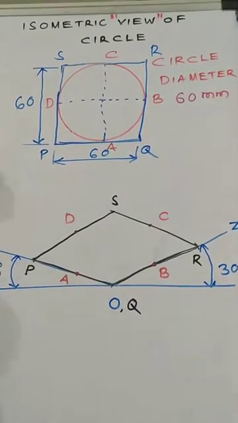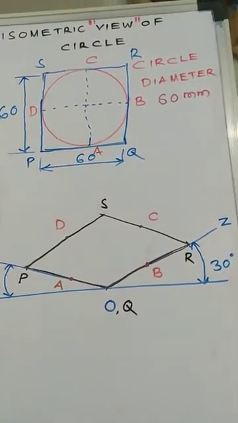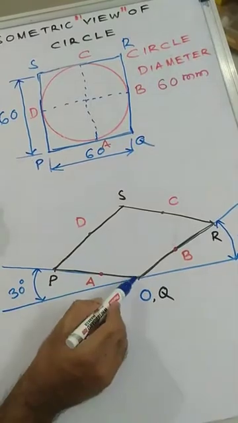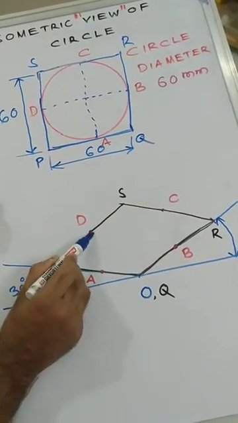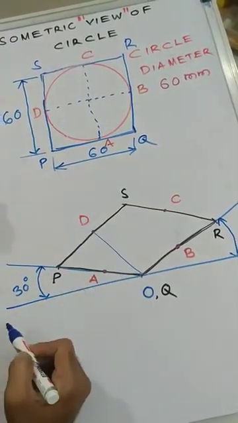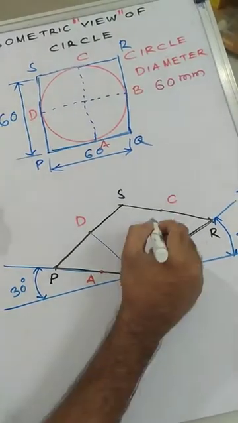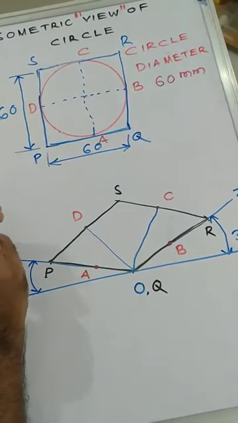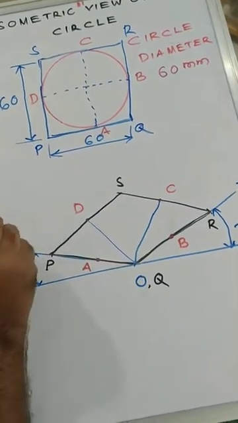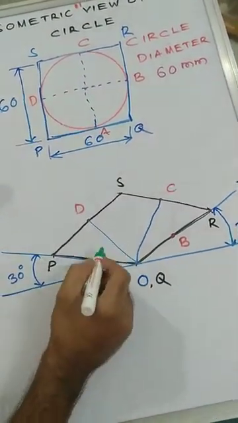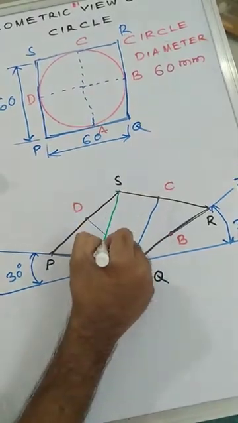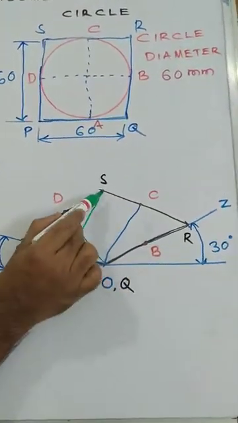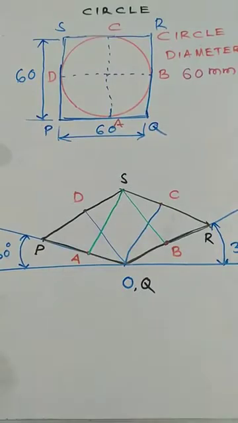Now I am joining the Q point, D point as a straight line, Q point, C point as a straight line. Got it? Similarly, I am joining S point, A point as a straight line and S point, B point as a straight line.